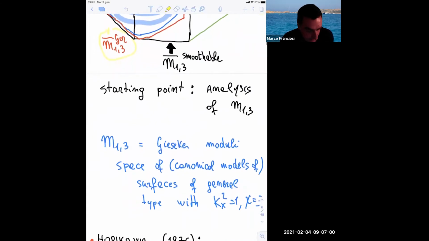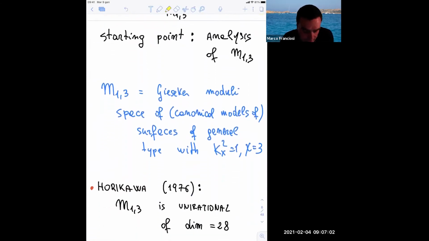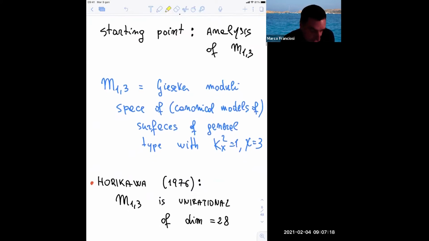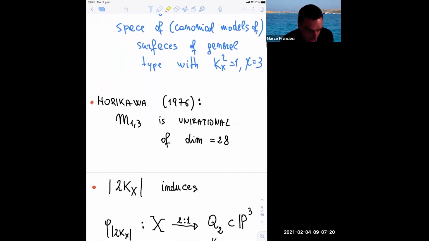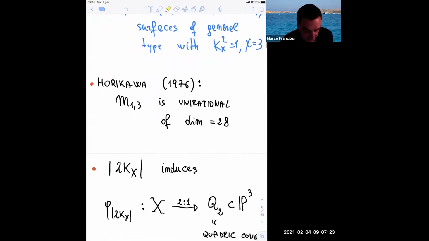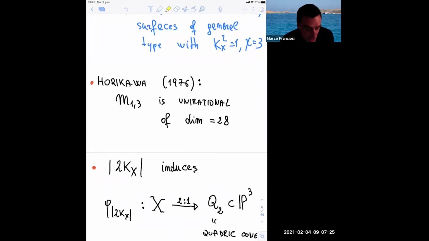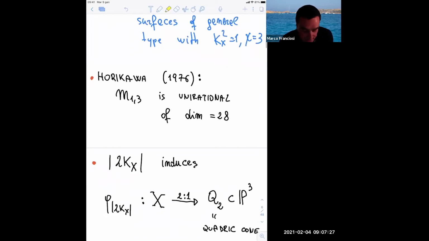Let's start with the analysis of M_{1,3}. M_{1,3} is the Gieseker moduli space of canonical models of surfaces of general type with K squared equal 1 and chi equal 3. The starting point is the work of Horikawa in 1976. He showed that M_{1,3} is unirational of dimension 28.